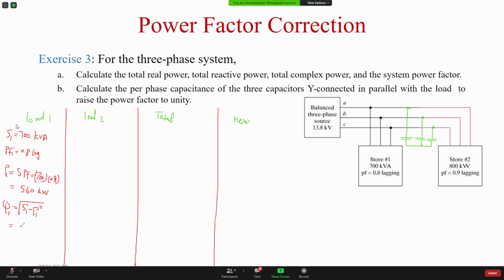So this is 700 squared minus 560 squared under square root, and that should be 420 kilovolt ampere reactive. So this is the first load. We found P, S, and Q. Is this okay for the first load?